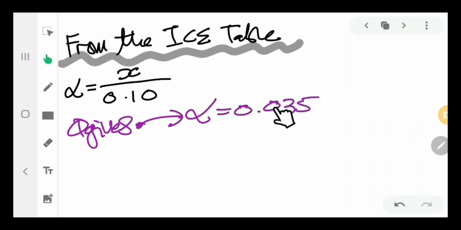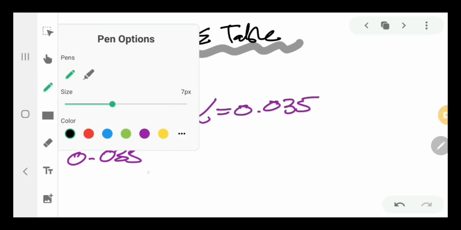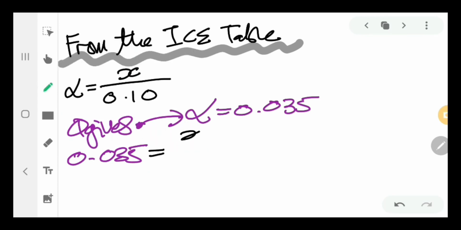So you're going to compare this with that. You have 0.035 equals x over 0.10.